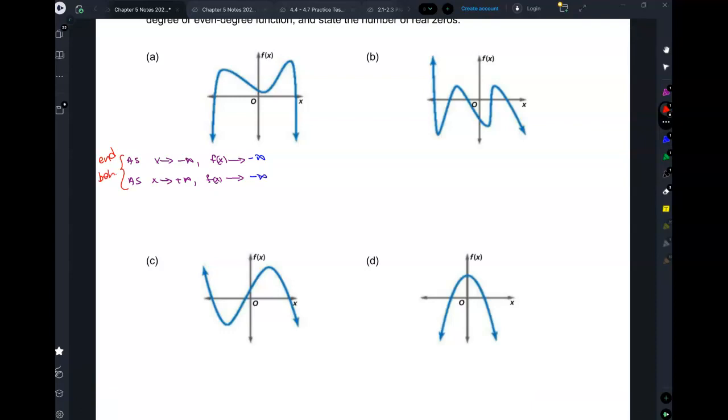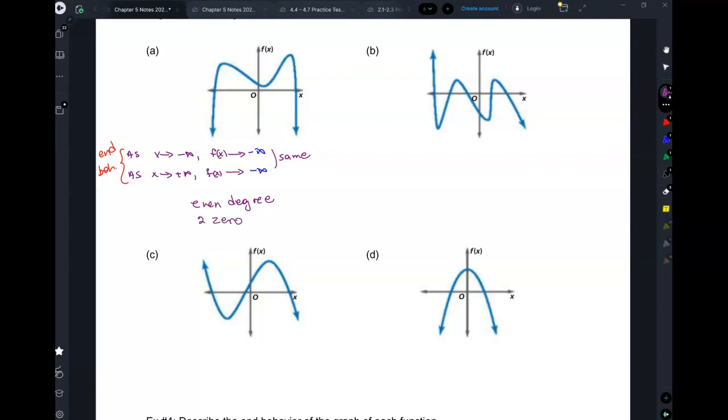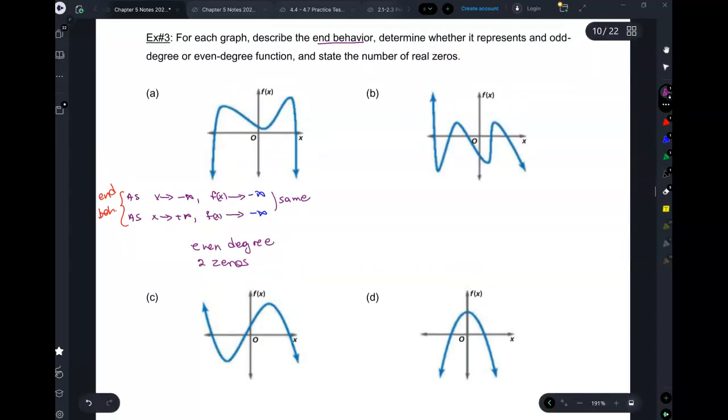So when I ask about end behavior, this is what I'm talking about. All right? Now, since these are the same, this is even degree. How many zeros are there? 2 zeros.